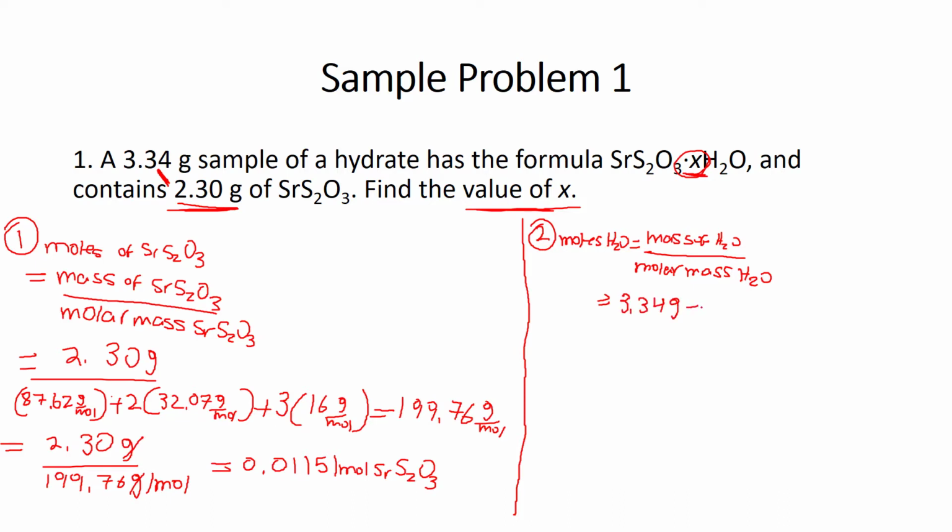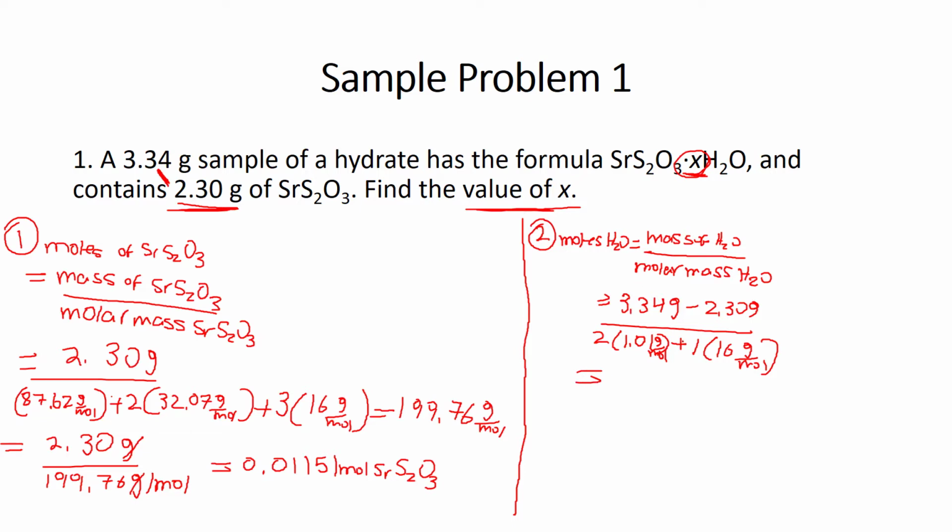So it will be 3.34 grams minus 2.30 grams over the molar mass of H2O. Again, in H2O, there are 2 hydrogens and 1 oxygen, so you put 2 in front of it, and the molar mass of 1 hydrogen is 1.01 grams per mole, plus the molar mass of 1 oxygen, which is 16 grams per mole. Again, these values can be found in your periodic table.